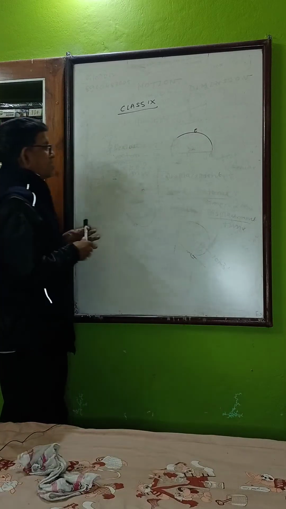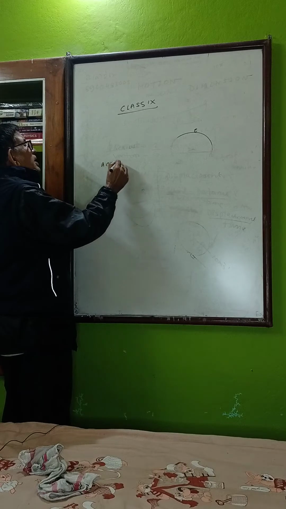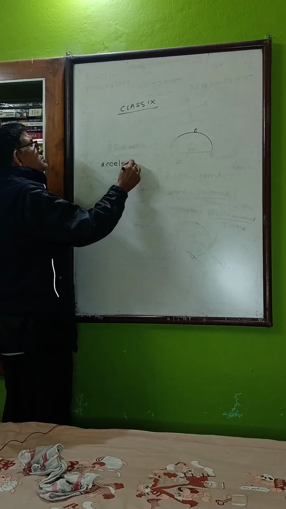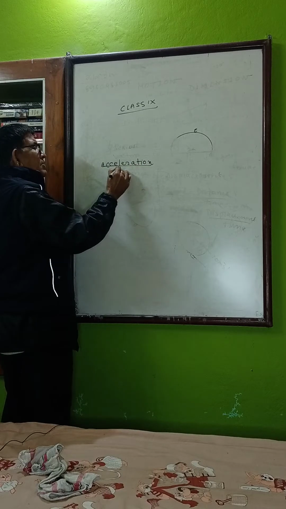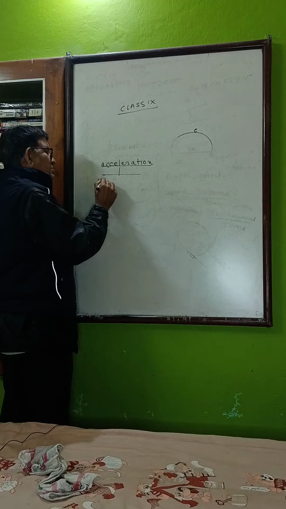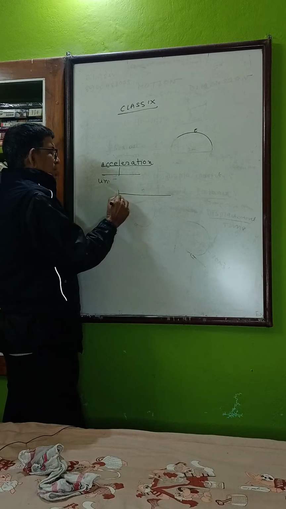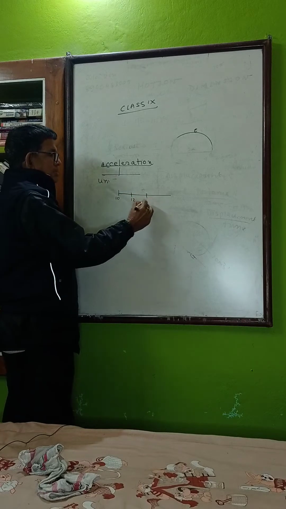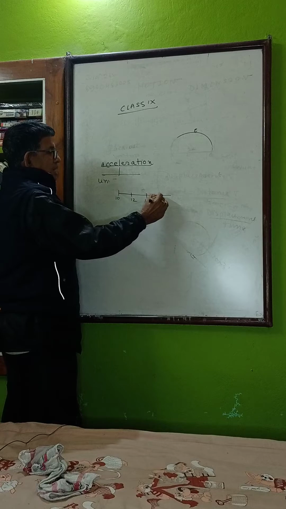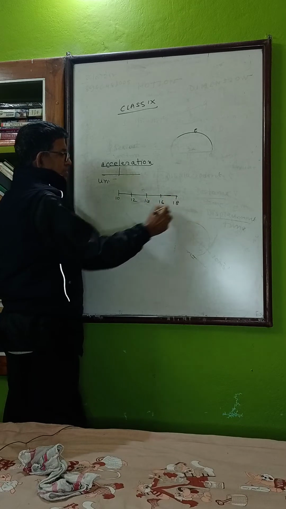What is acceleration? Acceleration means, maybe, uniform acceleration. Suppose a particle is moving with velocity 10, after 1 second velocity 12, after 1 second velocity 14, after 1 second velocity 16, after 1 second velocity 18.